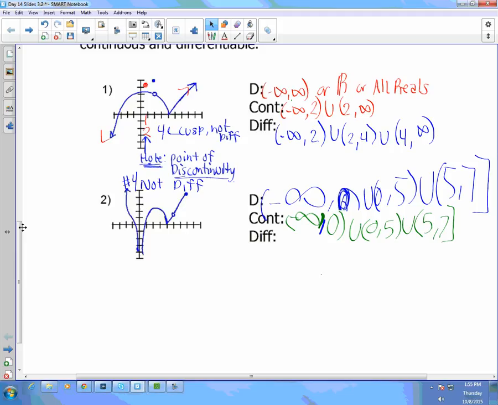Versus number one, they weren't the same. Because in number one, we had a hole, and in this one the hole was removed and replaced with a point. So x equals 2 is covered in the domain, but that hole didn't have a replacement, right?